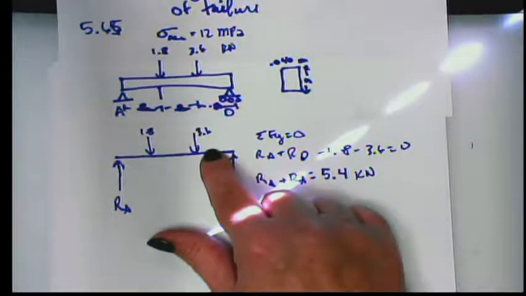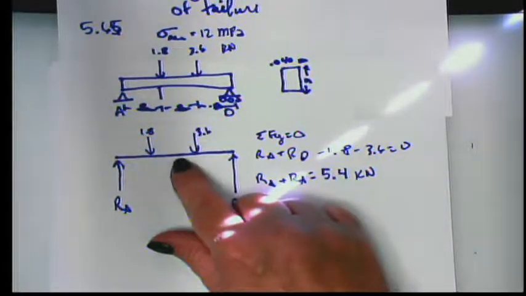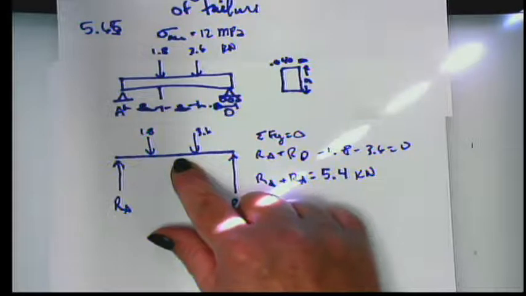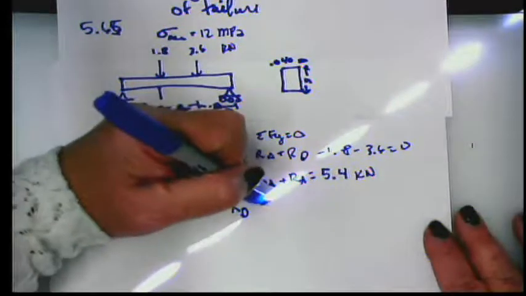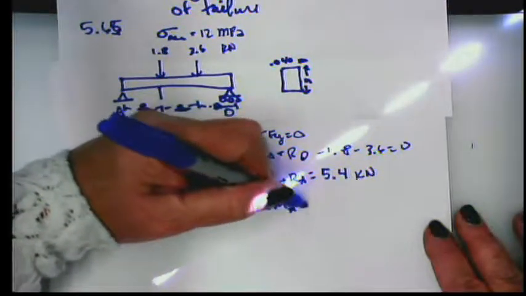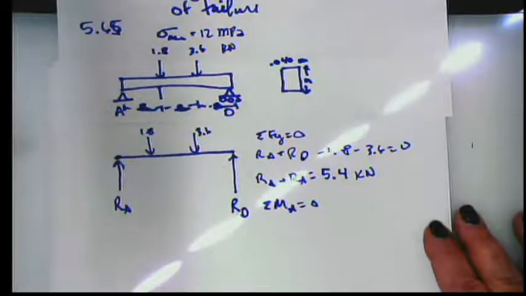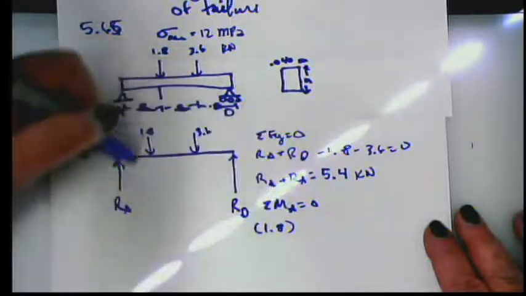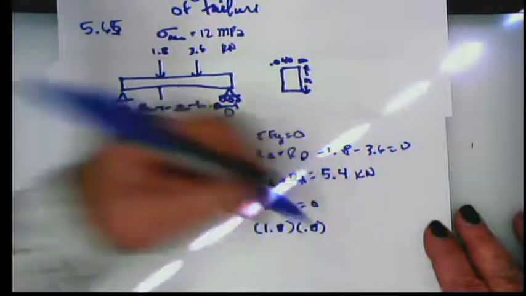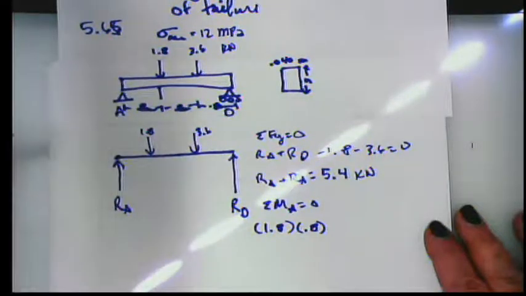Since the values of the loads are not symmetrical, we have to do a moment equation in order to find our reactions. So let's do summation of moments about A, also equal to 0. So we put a pin here. The 1.8 kilonewton load, which acts 0.8 meters from A, creates a clockwise rotation, so that's negative.